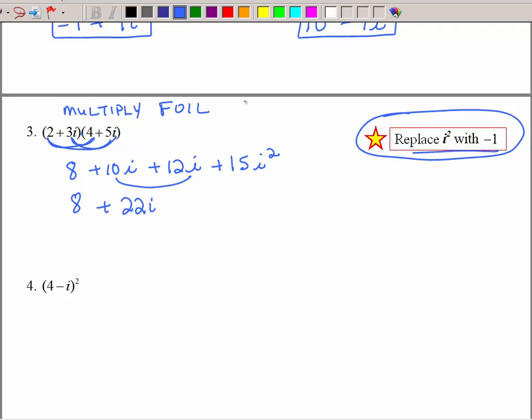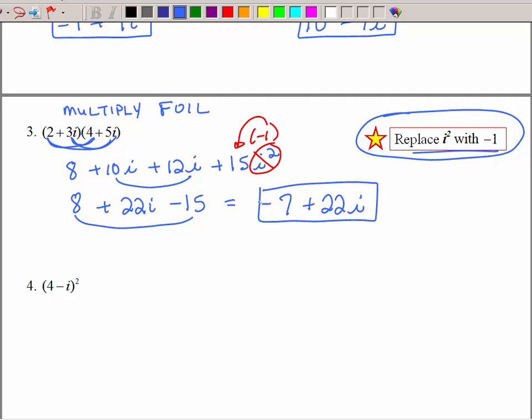I'm going to replace i squared with negative 1. So what happens when I multiply a negative 1 times a positive 15? I get a negative 15. Not done, because now those are real numbers. I can add those together and I get negative 7 and then plus 22i. So you're going to FOIL it, and then you're going to replace any i squares with negative 1.